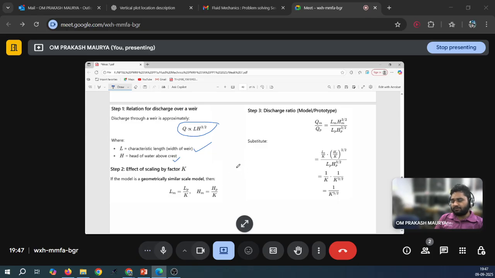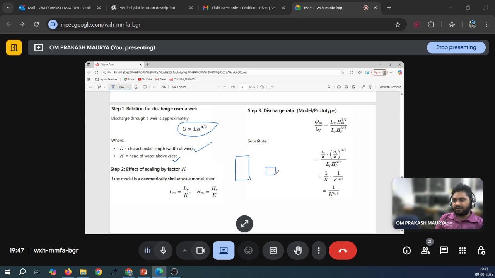If the model is a geometrically similar scale model, then what will happen? Suppose you have the prototype like that, this much height, and the model is this much.